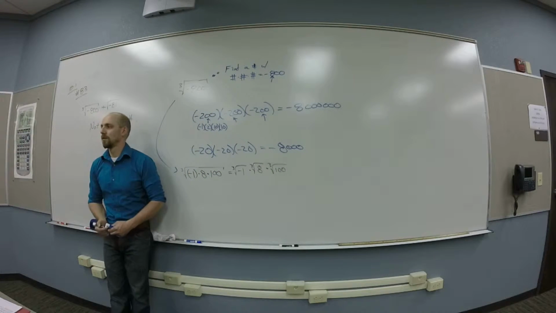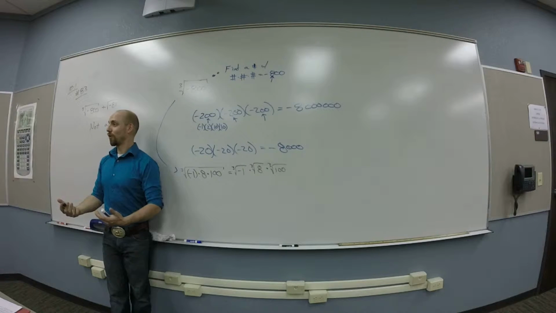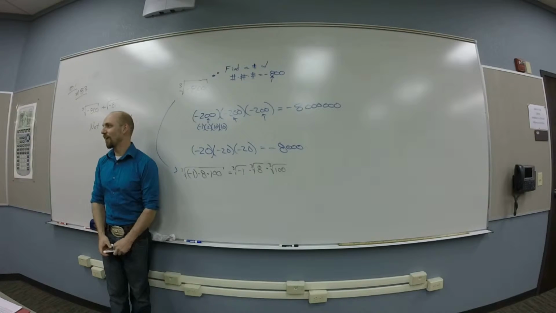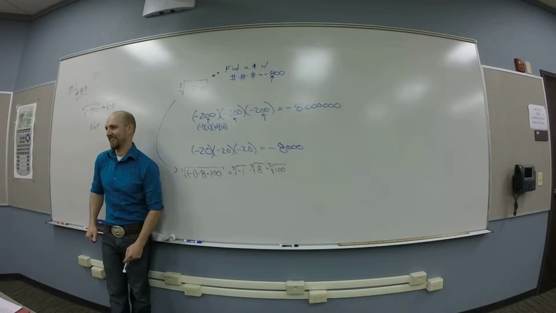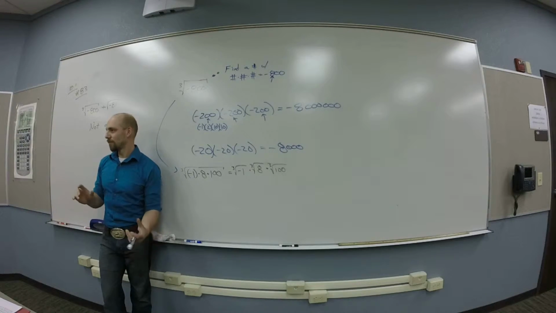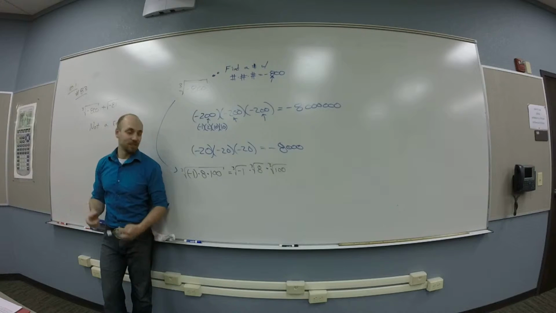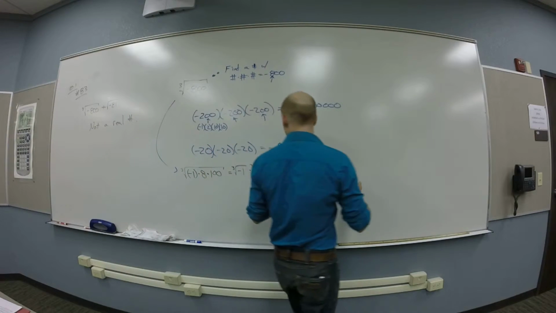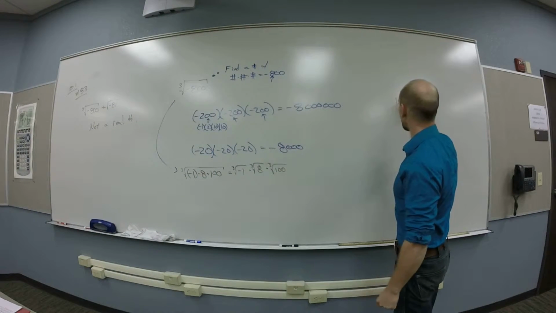So what's the cube root of 100 though? That's the whole problem. It doesn't have a convenient one. If I think about numbers that I'm kind of cubing, right? Let's see. Are there convenient ones?